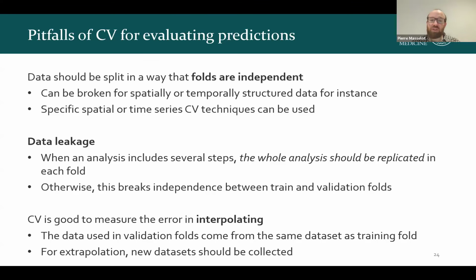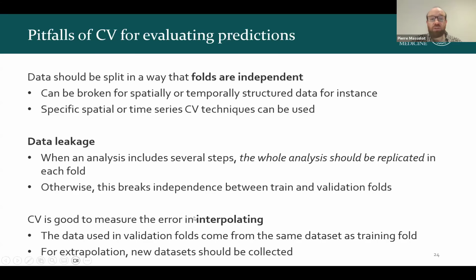If you do this pre-selection beforehand on your full data set, and then you do the cross-validation on just the part that trains your predictive model, you will have a very poor estimation of your generalization error. You will have something that is way too optimistic, and so you won't select the best model in that case. So really the whole analysis should be replicated here.